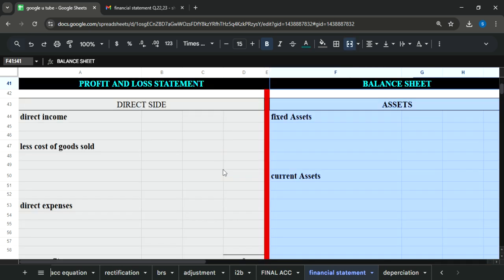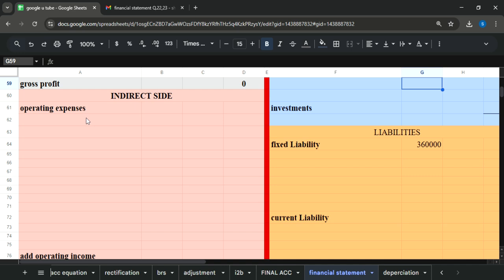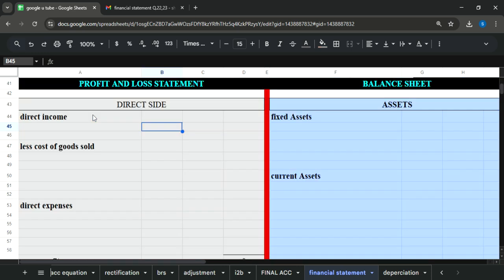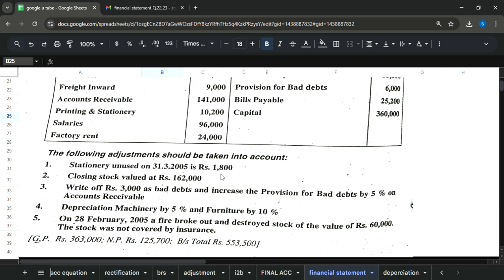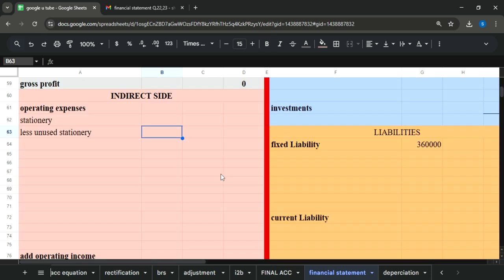So when you are using stationery, it becomes your expense. We will go to operating expenses, and there you will see stationery and unused stationery, because we are going to take the difference. Unused stationery would be subtracted, the amount of which is mentioned, 1800. Just put 1800 over here. Once again, why are we subtracting?